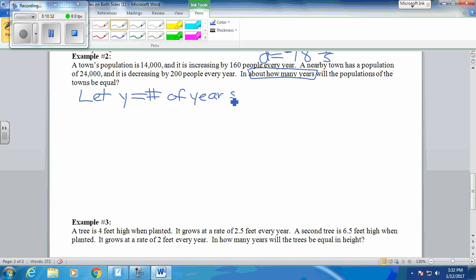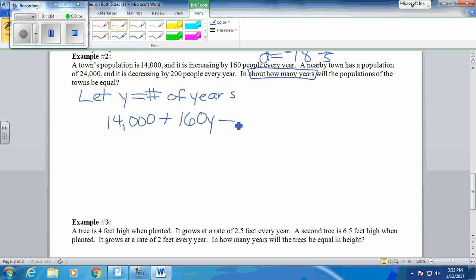And they're really asking, when will the populations of the towns be equal? So you want to have an expression that represents the first town and an expression that represents the second town. So the first town's expression is that it has 14,000 people, and it's increasing by 160 people every year. Every year means that there's a constant rate, the constant proportionality, is that it's increasing by 160, so it's 160 times y.